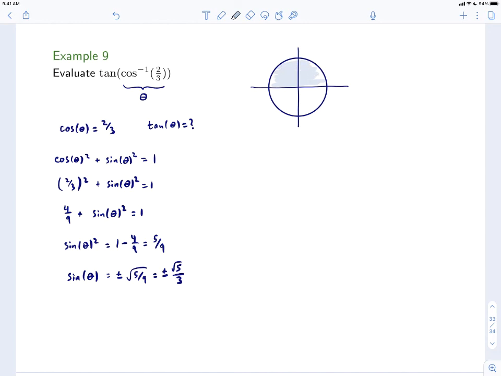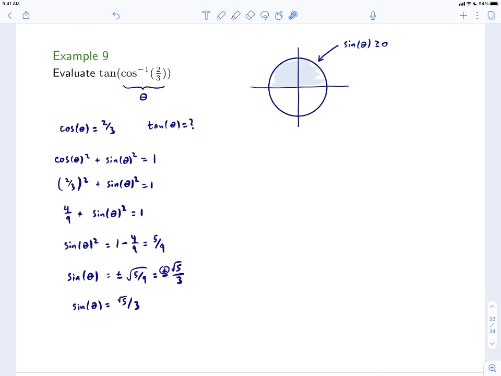Now, when you're on the top half of the circle, that means that the y-coordinates are positive, so anywhere on the top half of the circle, sine of theta is going to be positive, or greater than or equal to 0. So that means you want the positive square root. So sine of theta is the positive square root of 5 over 3. So now we have cosine and sine.